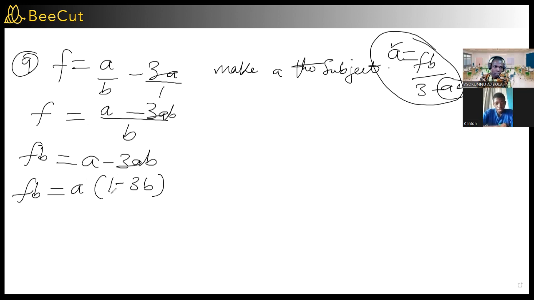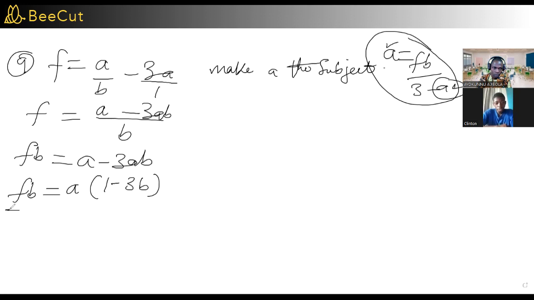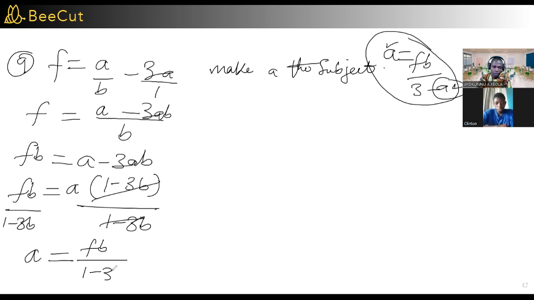So what is disturbing A from standing alone? 1 minus 3B. Yes. Then that 1 minus 3B can cancel 1 minus 3B. Then our answer becomes A equals FB over 1 minus 3B. Is that clear now? Okay.